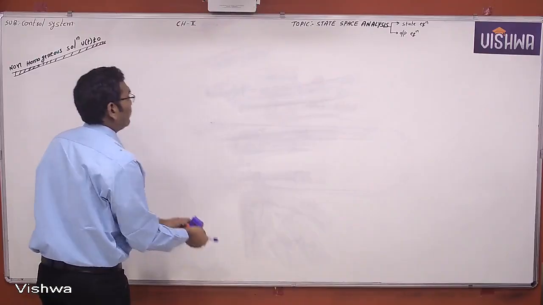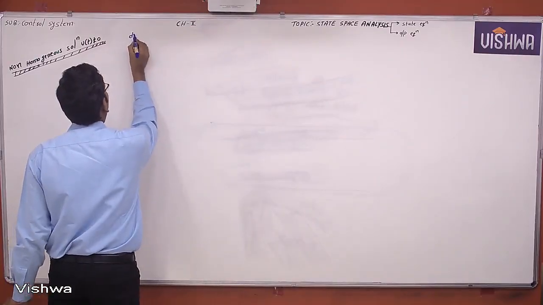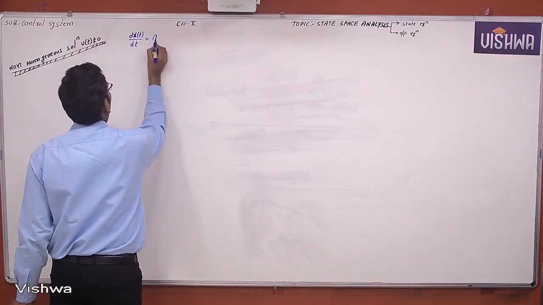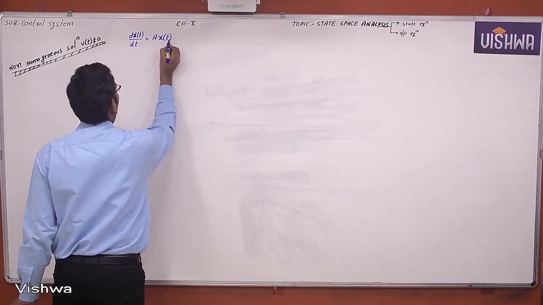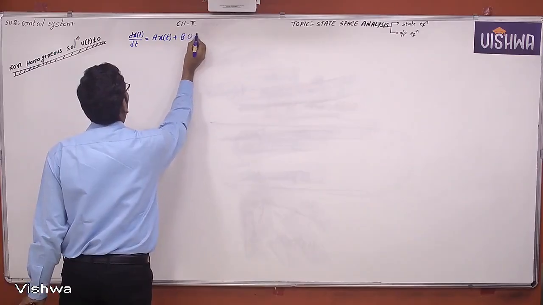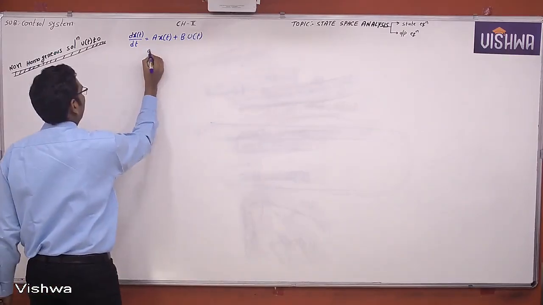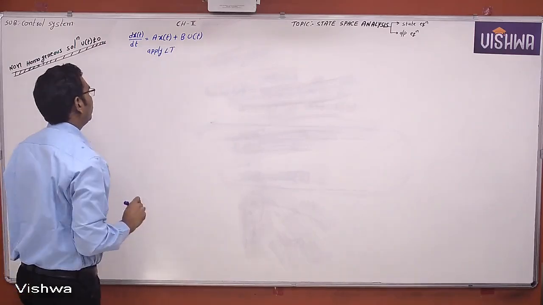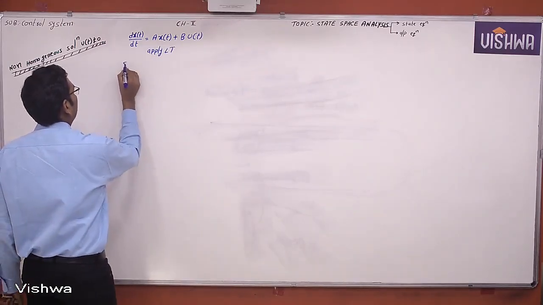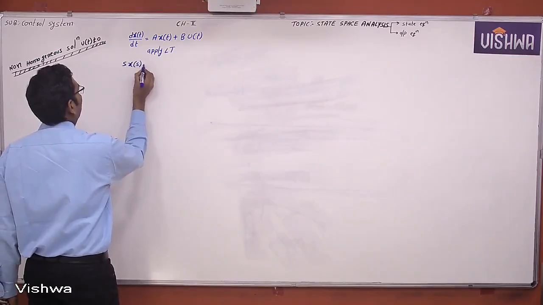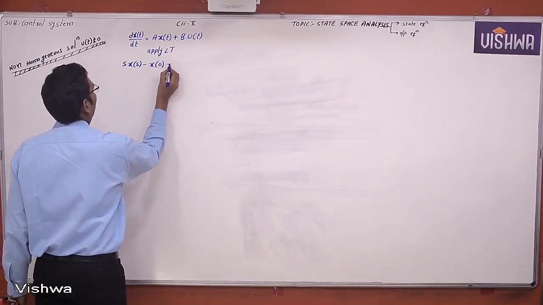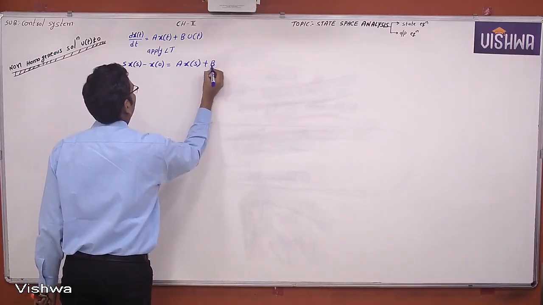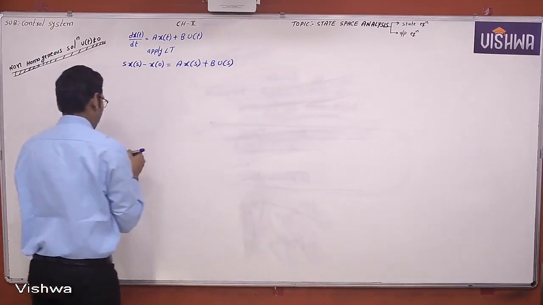Now what is the first equation? dx of t by dt is equal to a into x of t plus b into u of t. Apply Laplace transformation. Then s into x of s minus x of 0 is equal to a into x of s plus b into u of s.